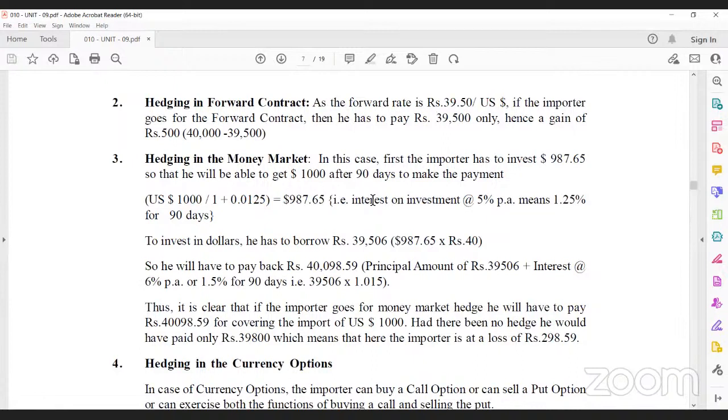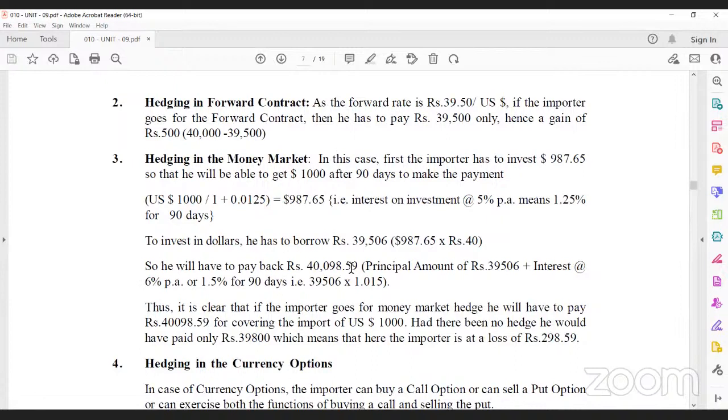So to invest in dollars, he has to borrow 39,506, that is $987.65 into rupees 40. Now with this, you can see a payback of the principal amount plus interest at 6%, or say 1.5% for 90 days, which is rupees 40,098.59.